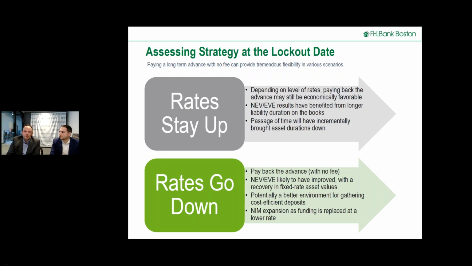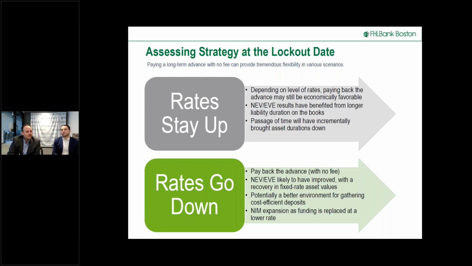And again, we touched upon the deposit gathering environment. It can't be any worse than it is right now, or it has been over the last couple of months. So if we do see the beginning of a cutting cycle, I know many of us here on the call are probably rooting for something to that end. So this is a way where, and here's the key point to take away, we're liability sensitive today.